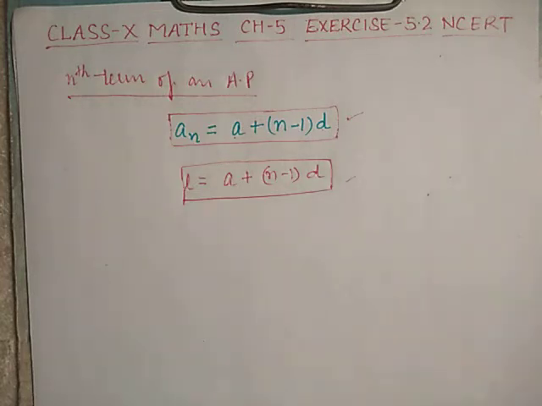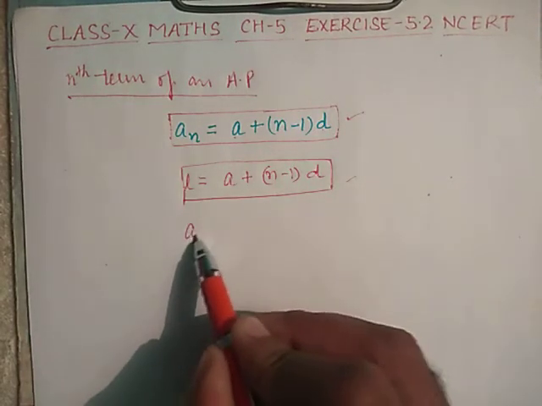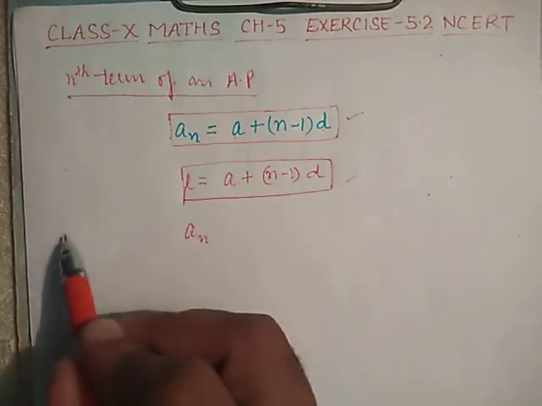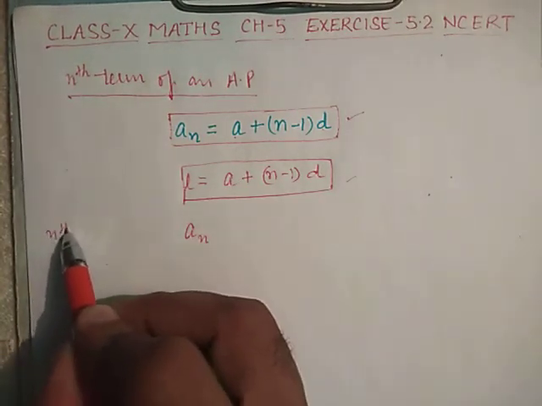And sometimes there may be a question where you have to find the nth term, or any term, from the last. So you have to do it as the nth term from the last.